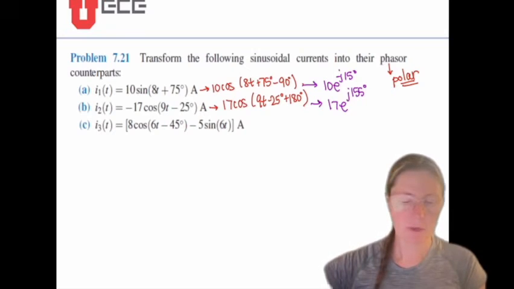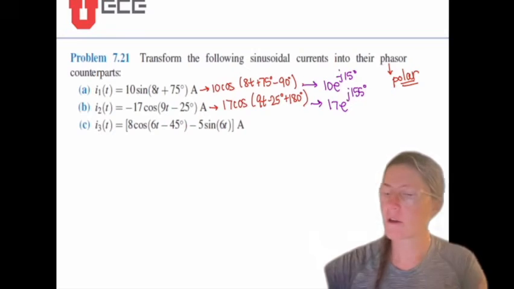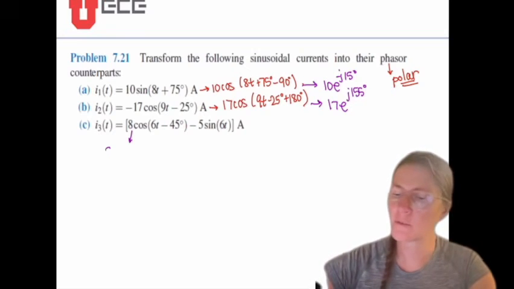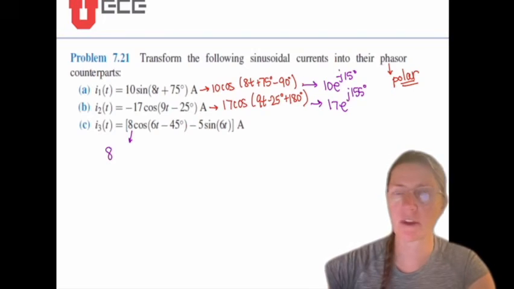And the last one, we have to first convert into the polar form. So this signal becomes 8e^(j negative 45).